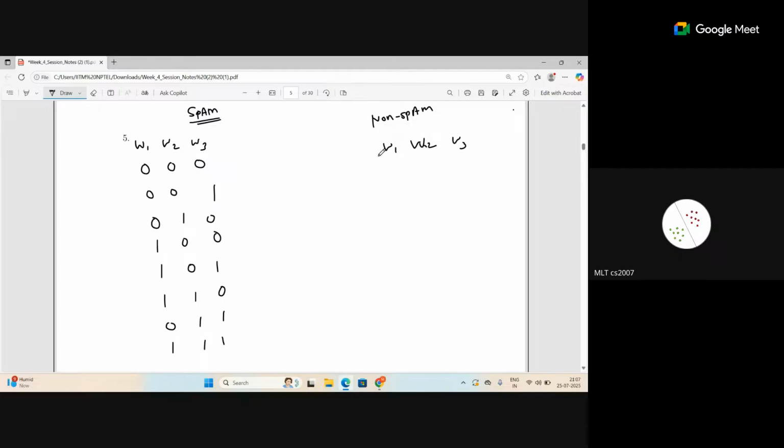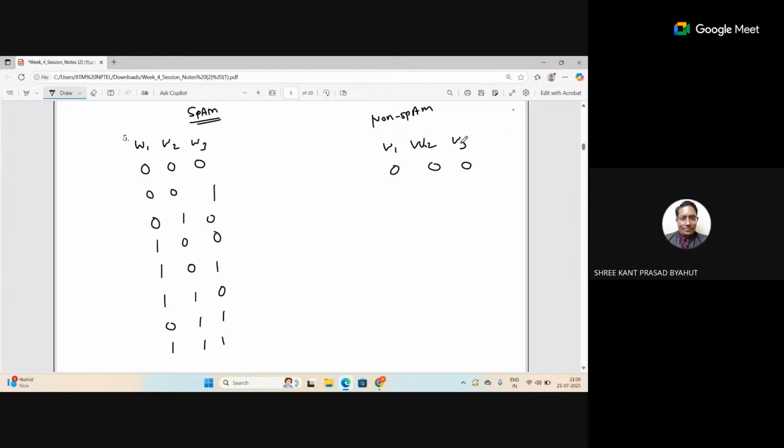Will these probabilities be the same or different? Different, right? Any doubts till now? No, the probabilities will not be the same.